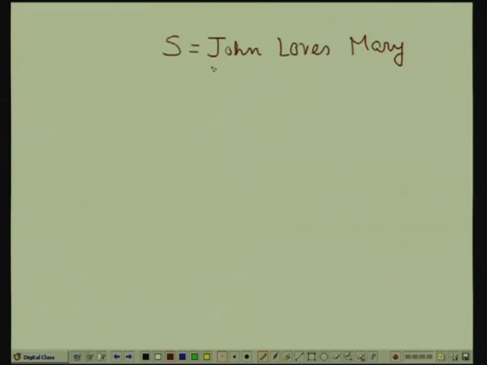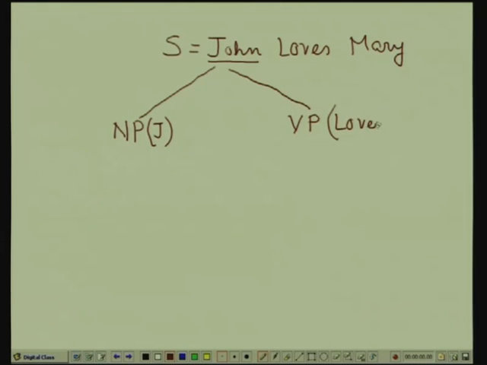When we parse this sentence, the parser will first break it up into a noun phrase and a verb phrase. The noun phrase is this part, John, and the verb phrase is loves Mary.